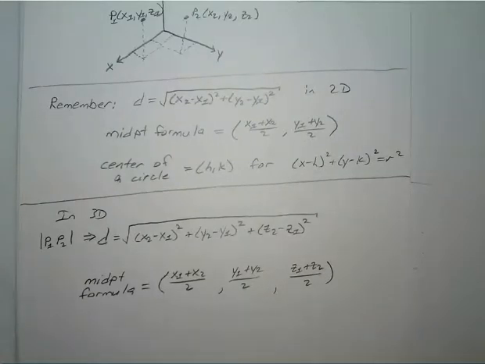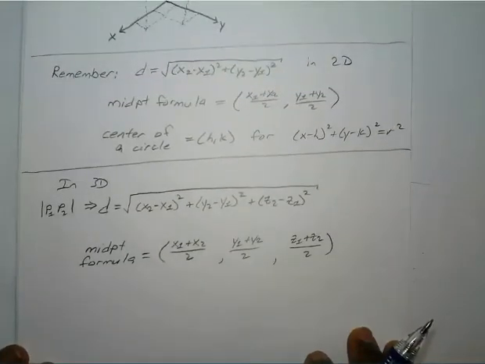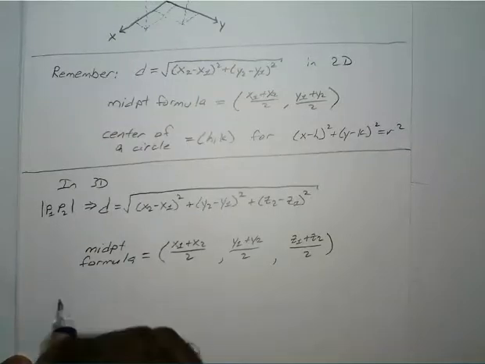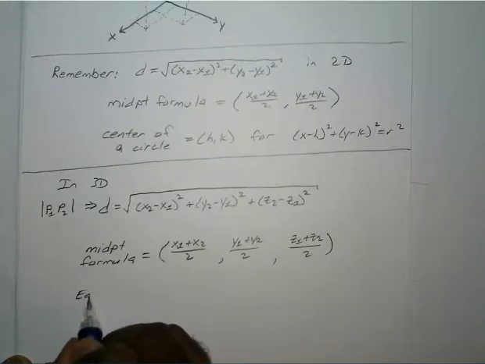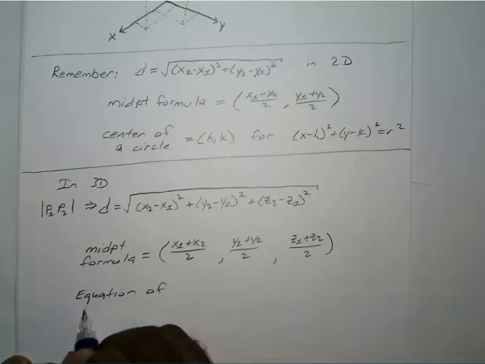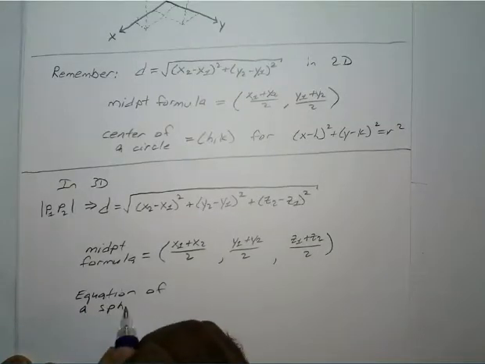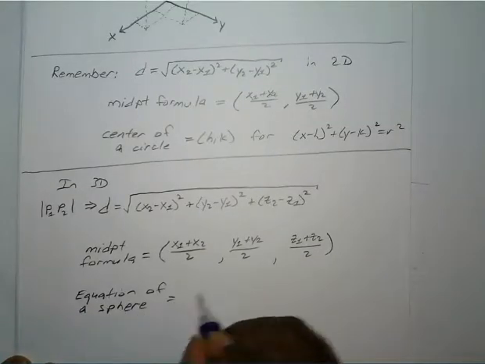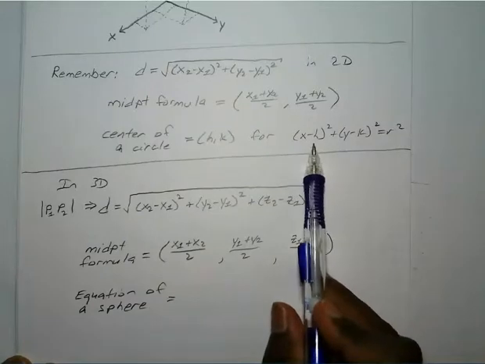Alright, which leaves us with our center of a circle, but the only difference is in 3 dimensions, we don't have a circle, we actually have a sphere. The equation of a sphere is really similar to the equation of a circle.